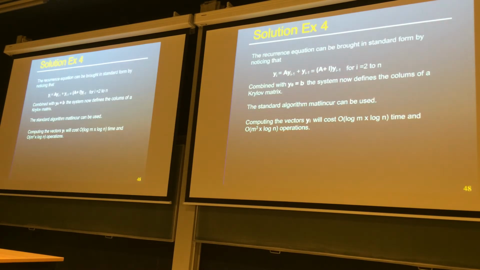In this case it's not that difficult. What you do is simply rewrite this A to a new matrix A plus the identity matrix. And then you see that y_i equals the (A plus the identity matrix) times y_{i-1}. And again, this constant vector you don't need, so this constant vector is 0.